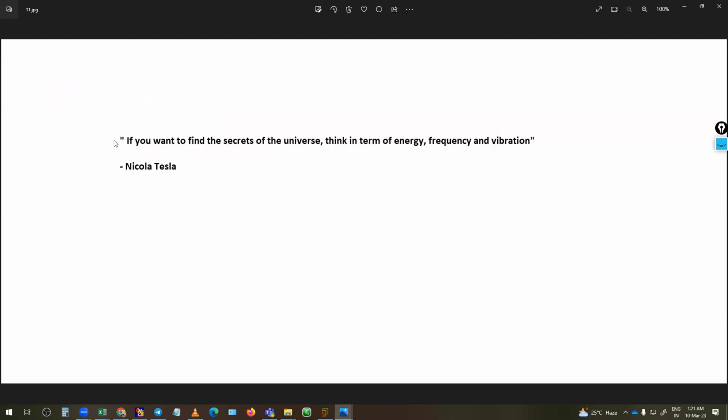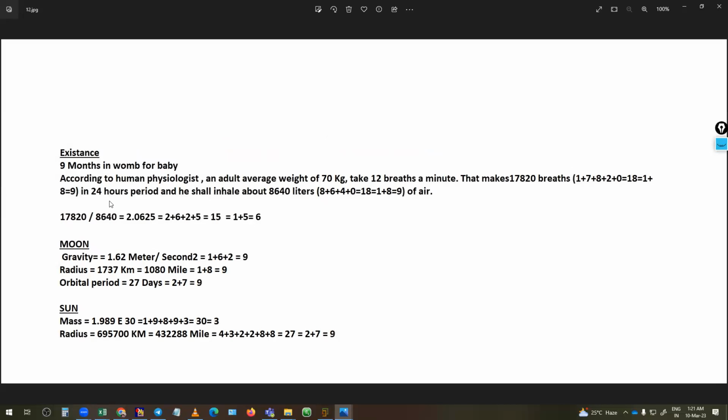Nikola Tesla said, if you want to find the secrets of the universe, think in terms of energy, frequency, and vibration. Now, for our existence, there are 9 months in the womb for a baby.